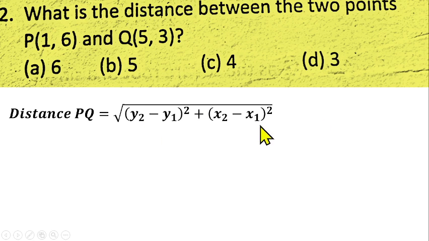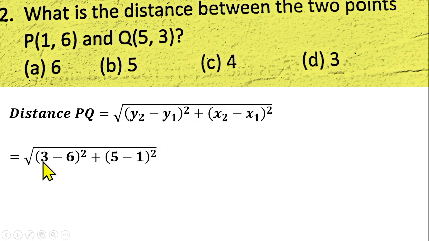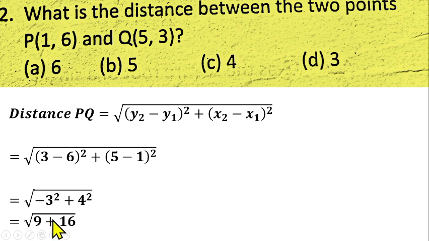Putting that into the formula, we have the square root of (3 minus 6) squared plus (5 minus 1) squared. 3 minus 6 is minus 3, squared, and 5 minus 1 is 4, squared. That gives us the square root of 9 plus 16, which is the square root of 25, which is 5 units. So that gives us option B for question number 2.